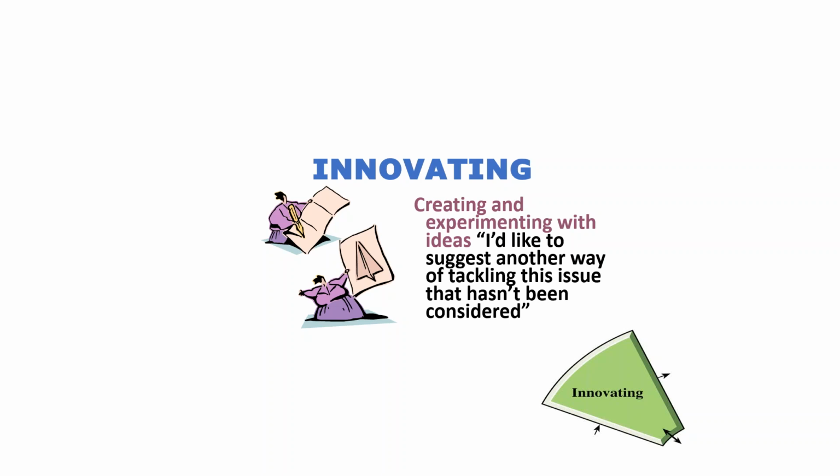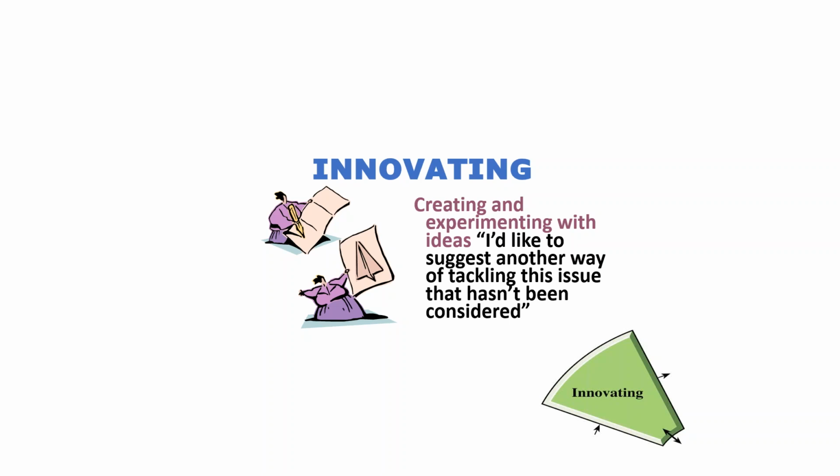Now, if a team has a pretty set and standard procedure, that could be a source of annoyance for you as the team leader or anybody else in the team because there's a set way that we do things. So, for example, in a health and safety environment, there are certain things that have to be done. There is very little room for creativity.